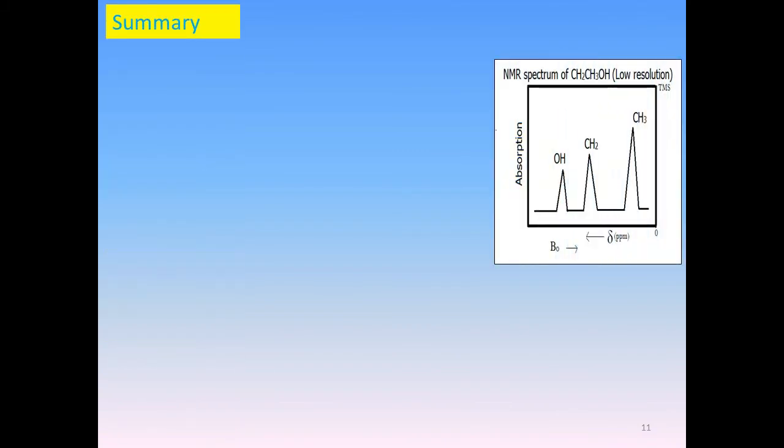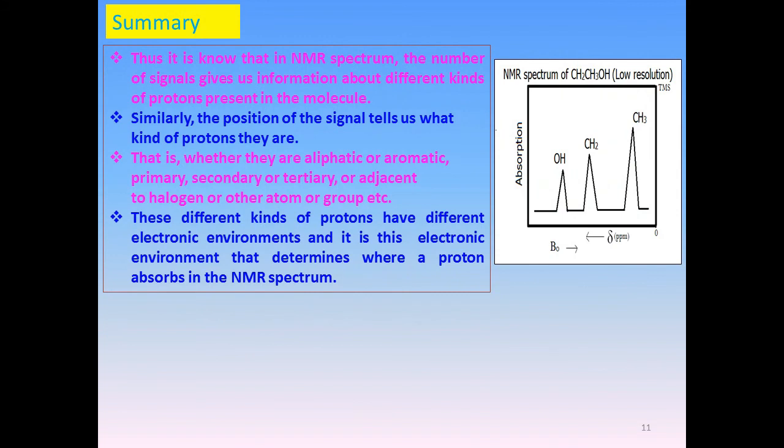So the summary comes like this. In an NMR spectrum, the number of signals gives us information about the different kinds of protons present in the molecule. Similarly, the positions of the signals tell us what kind of protons they are, that is, whether they are aliphatic, aromatic, primary, secondary or tertiary, or adjacent to a halogen or any other atom.